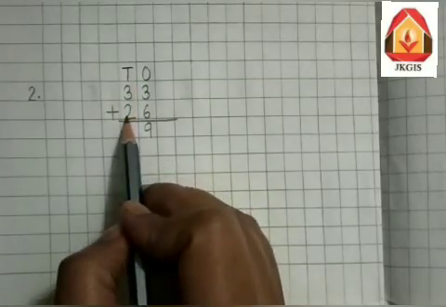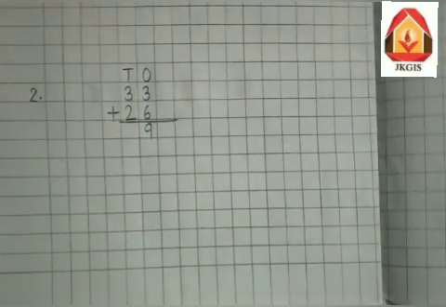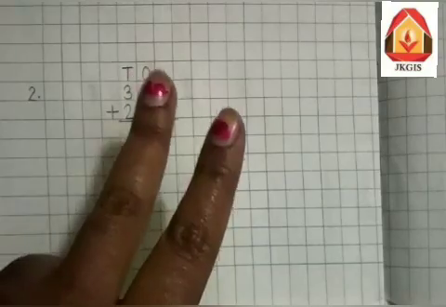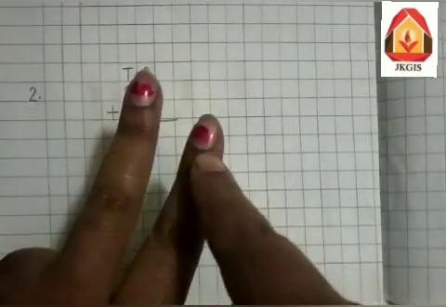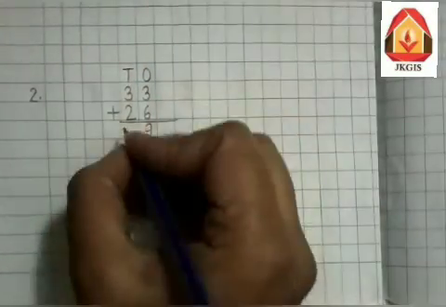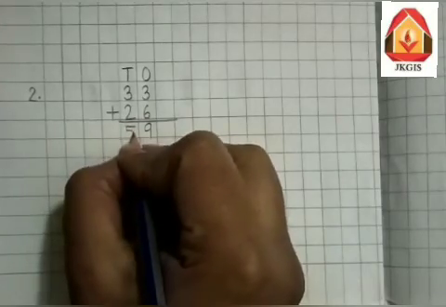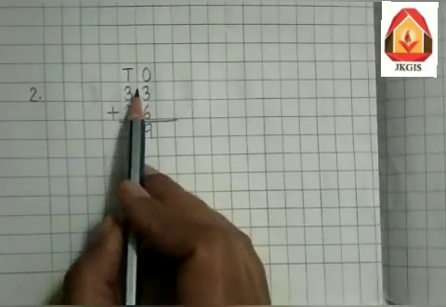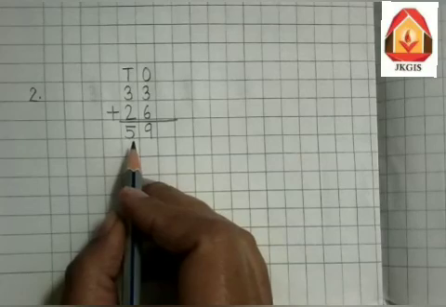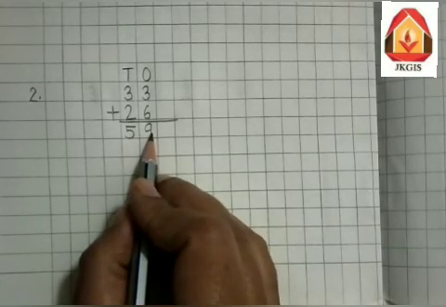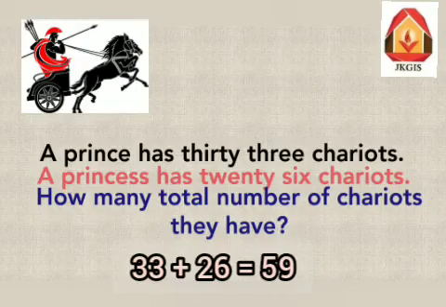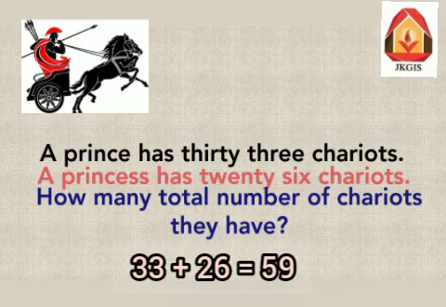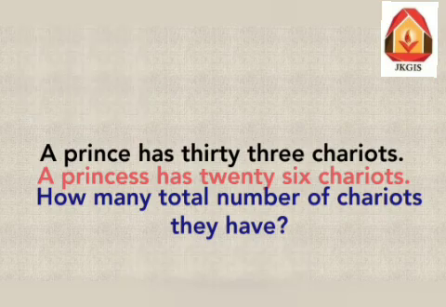So 3 plus 2. 3 in our mind and 2 on fingers. So 3, 4, 5. So here the total number of chariots are 59. Total number of chariots are 59.